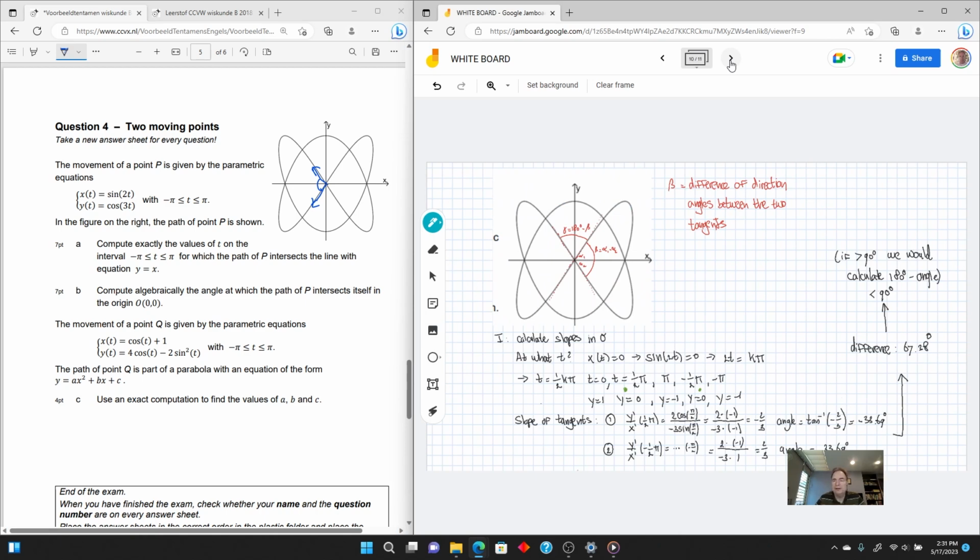Actually, it's not super clear to me. I think they just mean whatever is the smallest angle between these two. This angle here and this angle here. Just like the angle between two lines is defined as the smallest possible angle.